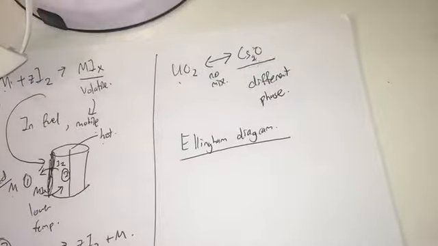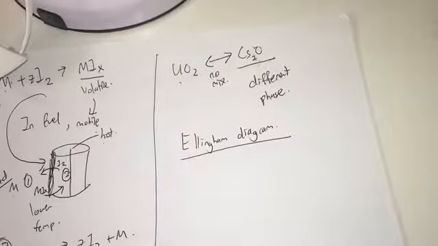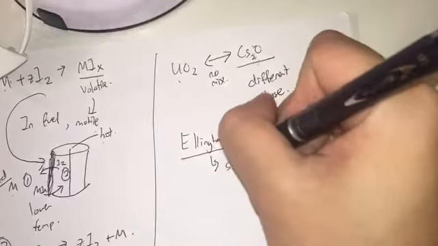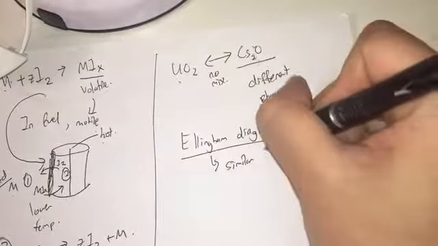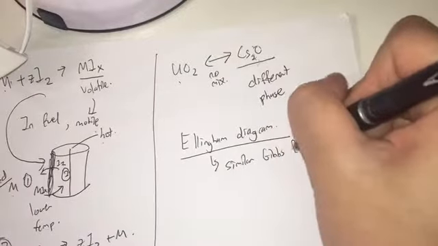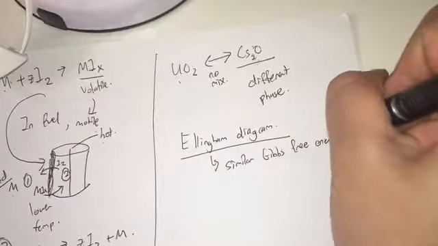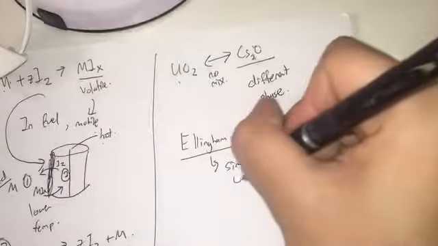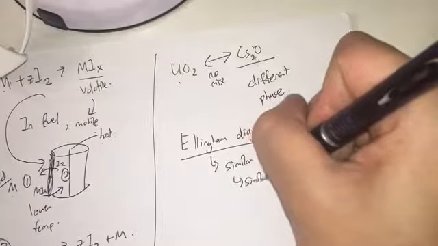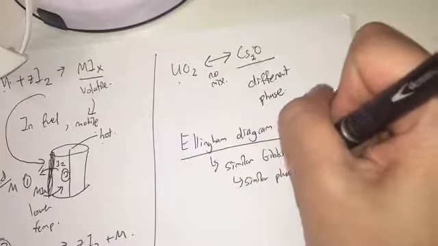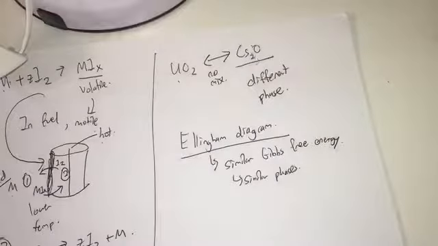That's a thermodynamic way of viewing things. If we have similar Gibbs free energy, we will have a similar phase. That's a very simplistic way of putting it. There should be more discussion, but I'll just leave it as that for now.